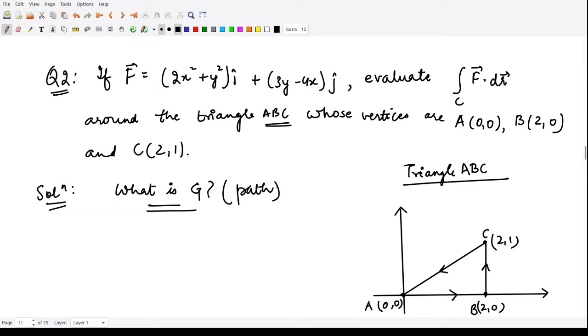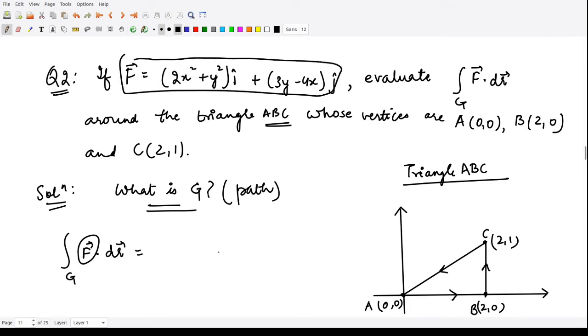Okay. So now in order to perform this integration, what do we require? We are to calculate this over G, such that the vector f dot the vector dr is to be calculated. Now vector f is known to us, this is given in the question, and vector dr, again we will calculate that.